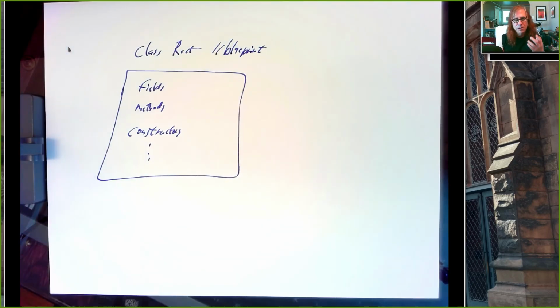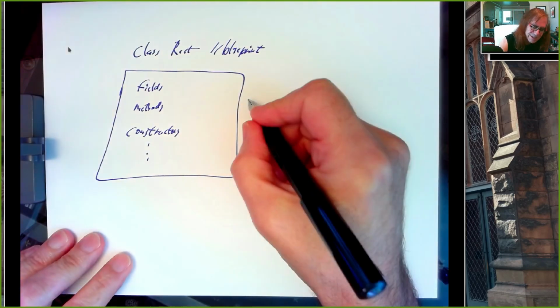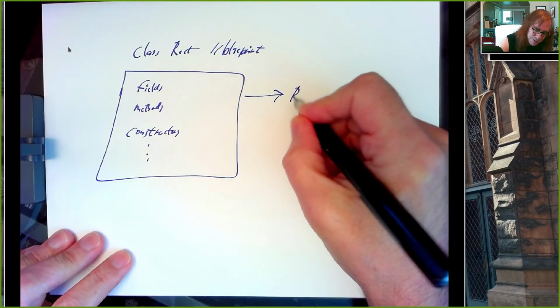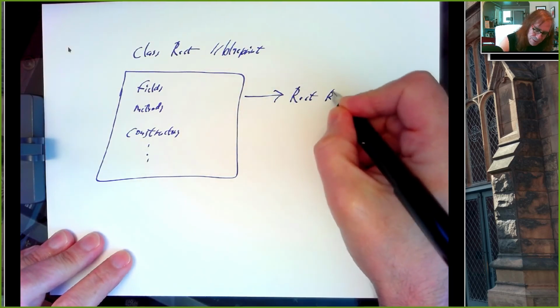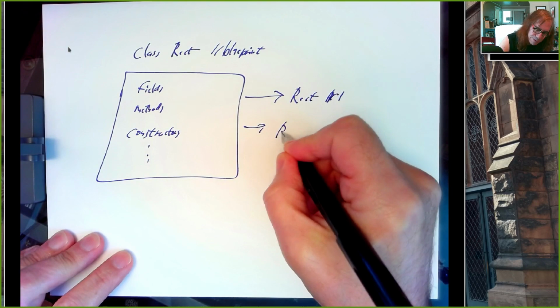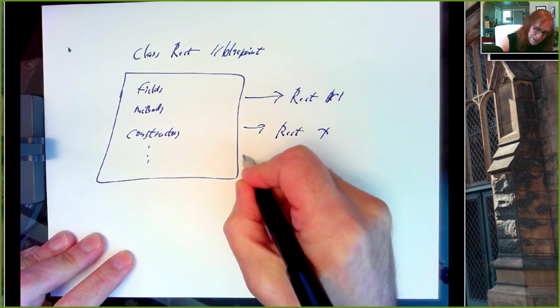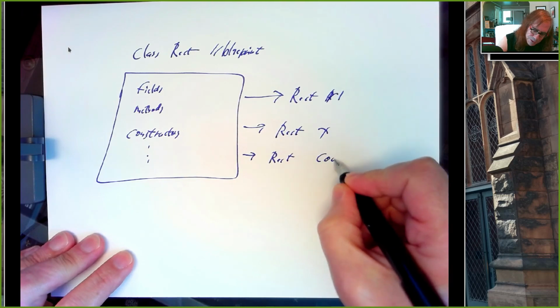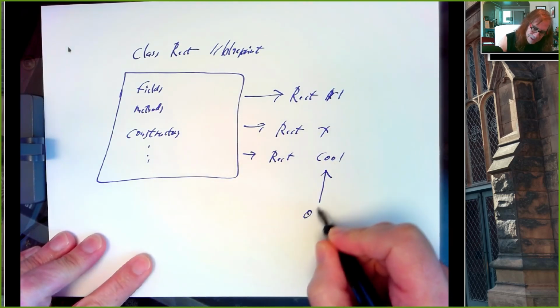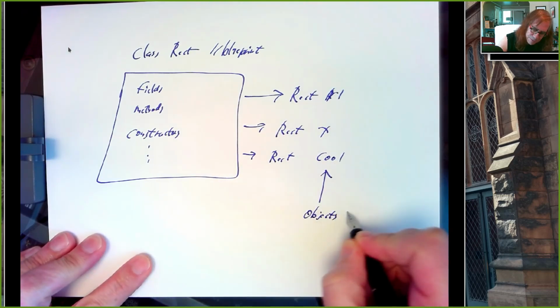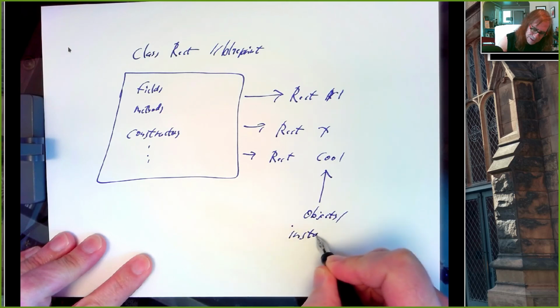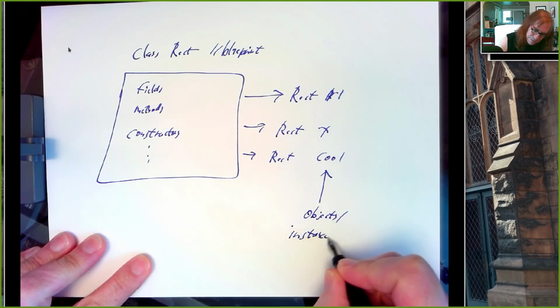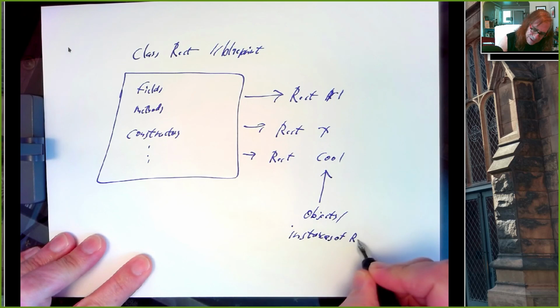All right? We can create objects, right, variables of type class. So we could create a rectangle R1, and we could create a rectangle X, and we could create a rectangle, cool. And these things are objects, which are instances of this class rectangle.